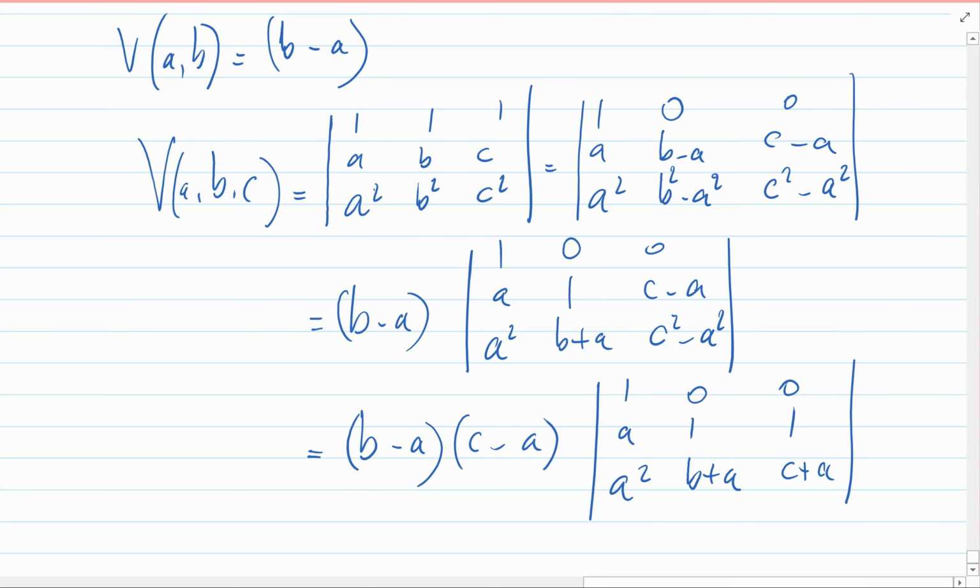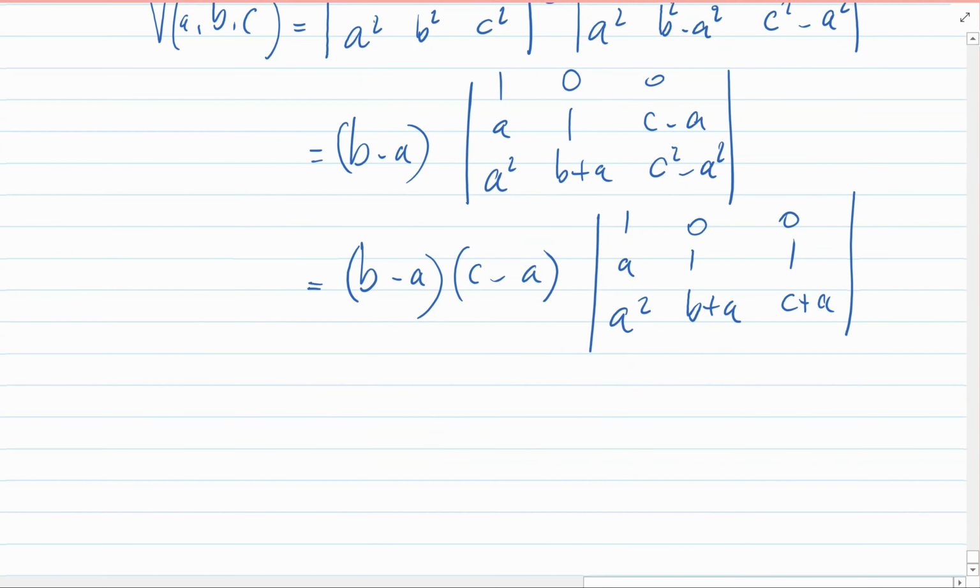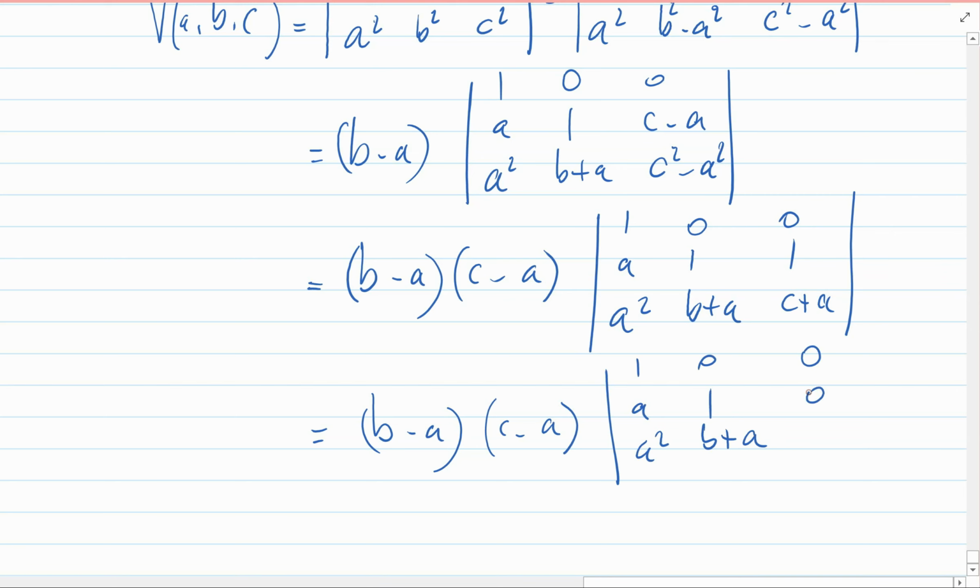We could develop the cofactor expansion along the first column. I can still kill the 1 as well; you can go faster any way you want. With c minus a outside, take 1, a squared and 0, 1, b plus a, and let's take the third column minus the second column: 0 minus 0, 1 minus 1, c plus a minus b plus a, that's c minus b.